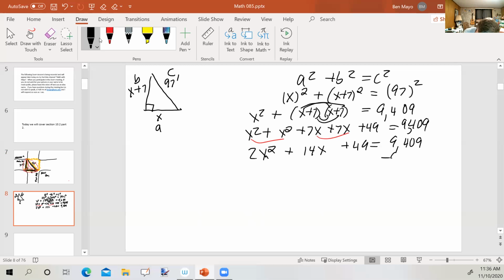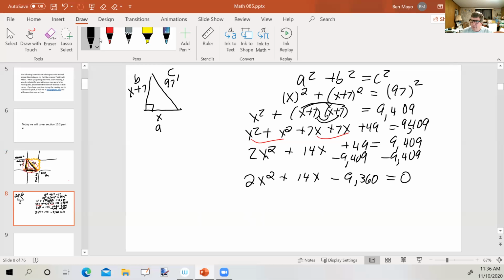Putting this in standard form, subtracting 9,409 from both sides, we get 2x squared plus 14x. And let's see, if we take 49 minus 9,409, we get minus 9,360, and that equals 0.